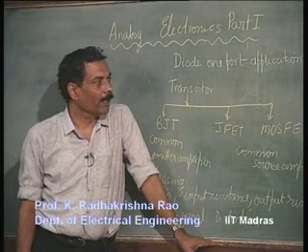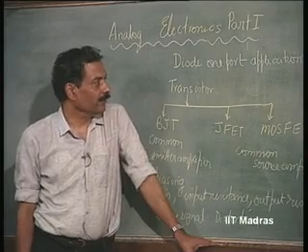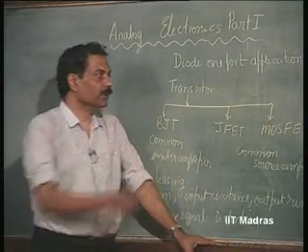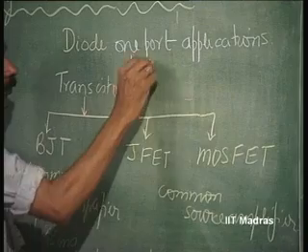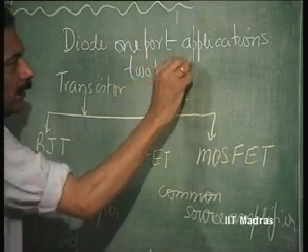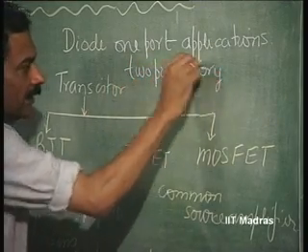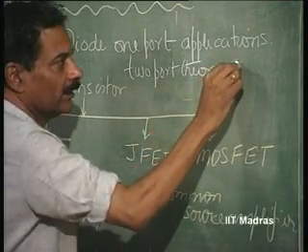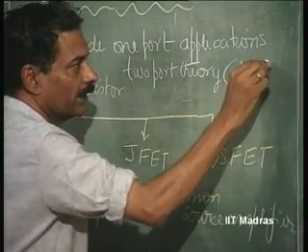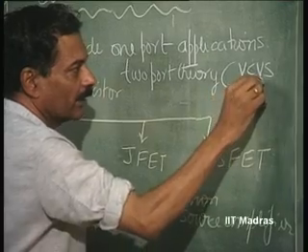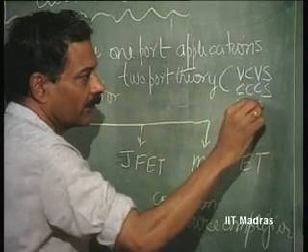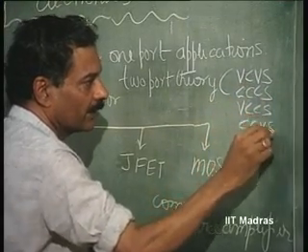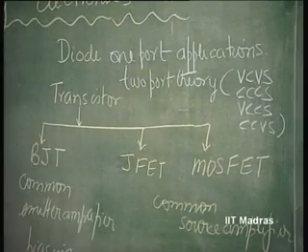Then we discussed two-port theory as a prelude to control sources, wherein we discussed 4 types of control sources: voltage controlled voltage source, current controlled current source, voltage controlled current source, and current controlled voltage source, as nothing but amplifiers.